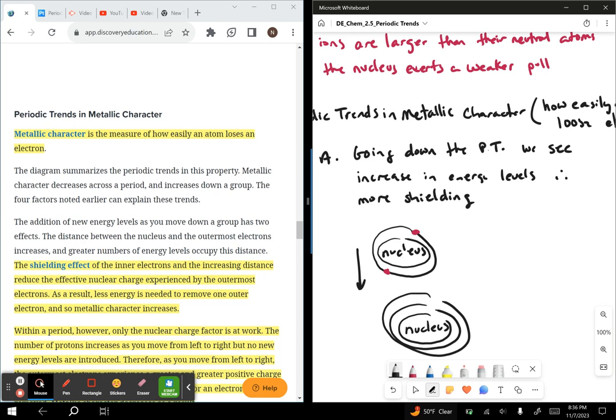And so you have more electrons blocking. Right? So this is that shielding effect.